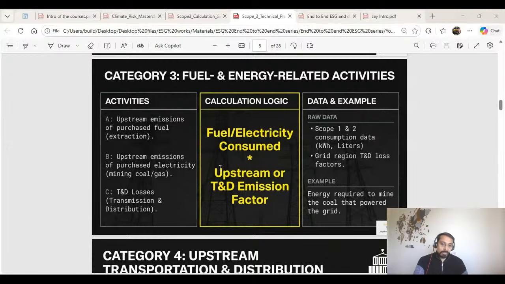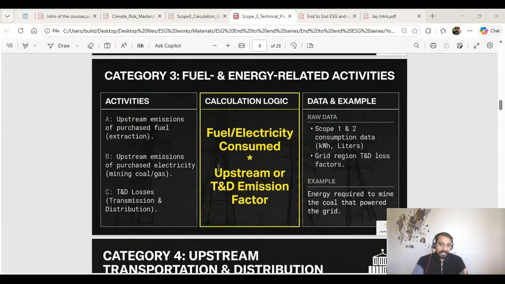This includes extraction of coal, gas, oil, then processing, and then transmission and distribution loss of energy and electricity. So if you consume electricity, category 3 accounts for emissions from mining the coal or extracting the gas or diesel used to generate that power.